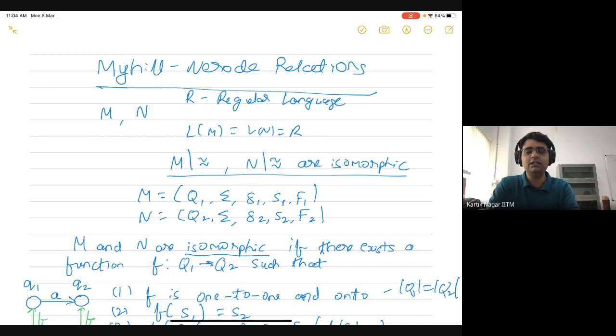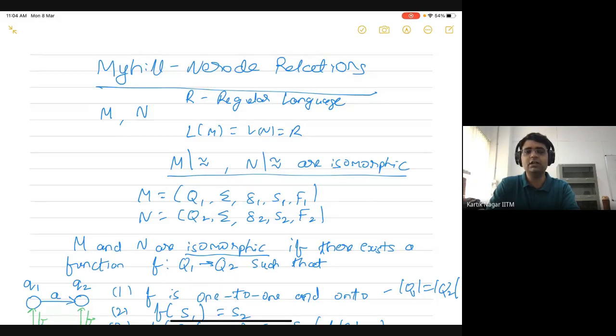You say that two states P and Q are equivalent if and only if there is no distinguishing string between them, which means that for all strings X, if the string X takes the state P to a final state, then it should also take the state Q to a final state. In that case, you can collapse P and Q together. P and Q would be equivalent, and therefore you can get a DFA with a smaller number of states.